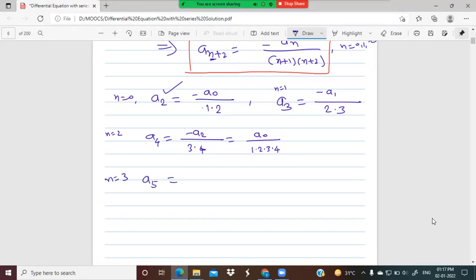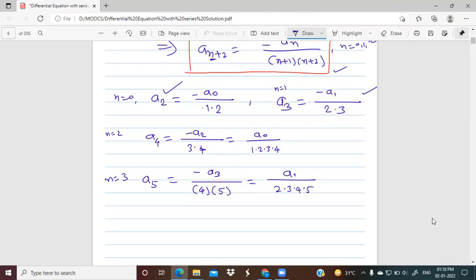Here this is an important equation. n is equal to 3 here. We are getting a5 equal to minus a3 divided by 4 into 5. a3 is calculated. It is minus a1 divided by 2 into 3, so minus becomes plus, a1 divided by 2 into 3 into 4 into 5.